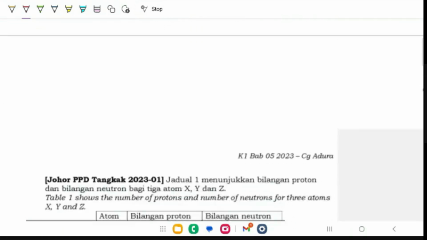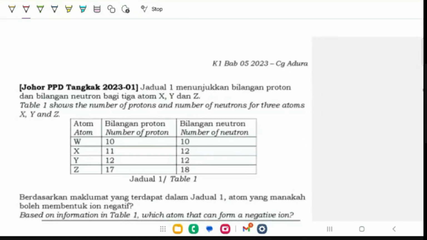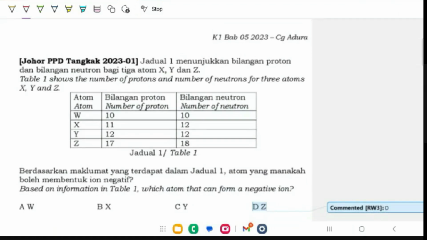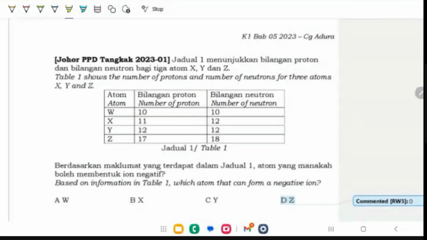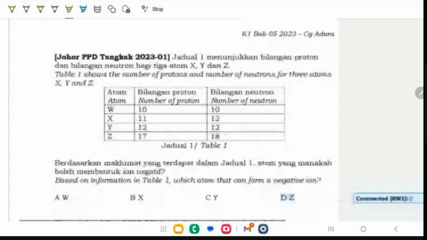Okay, next we look into the next question. Table 1 shows the number of protons and the number of neutrons for 4 atoms: W, X, Y, Z. It should be 4, not 3.